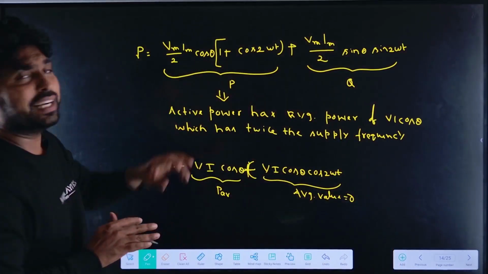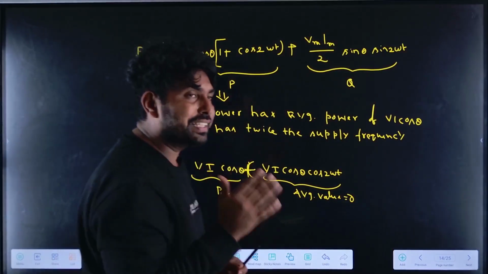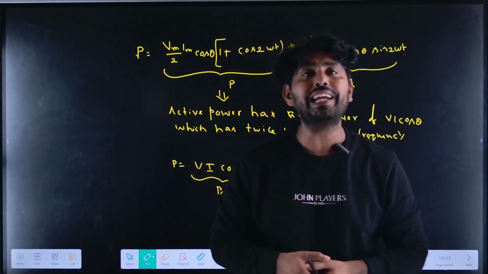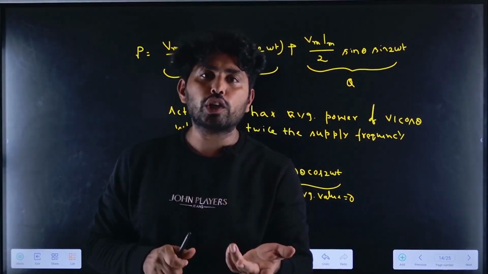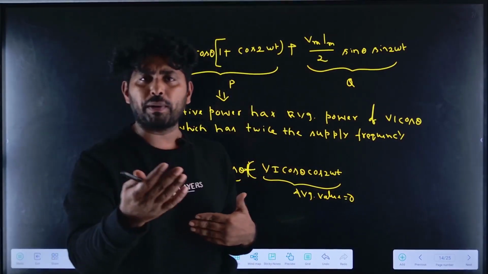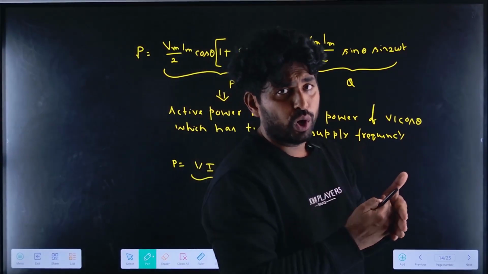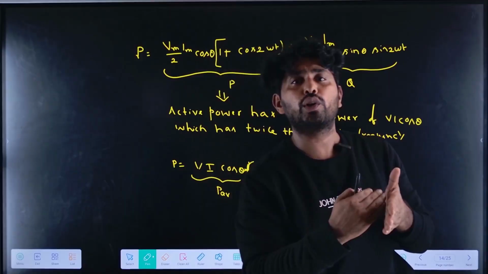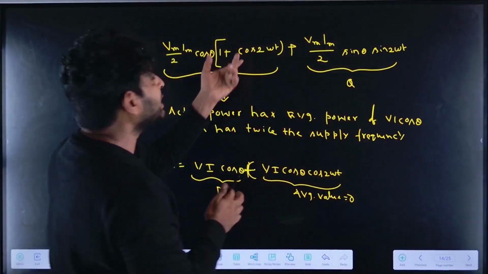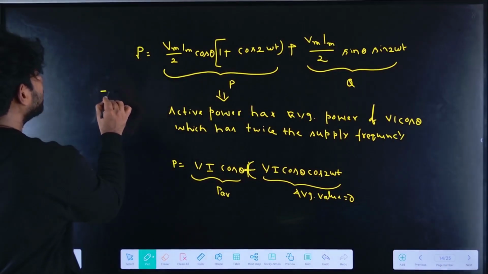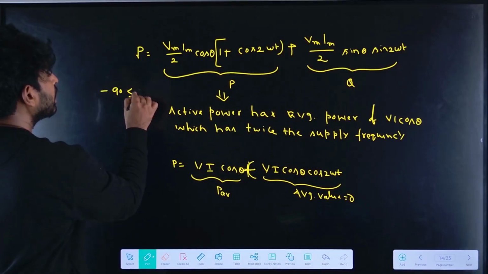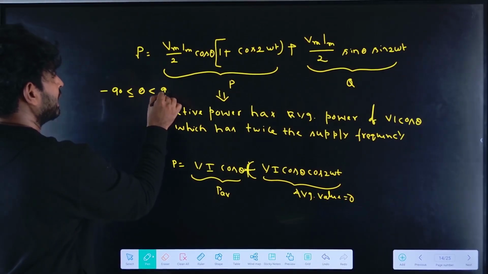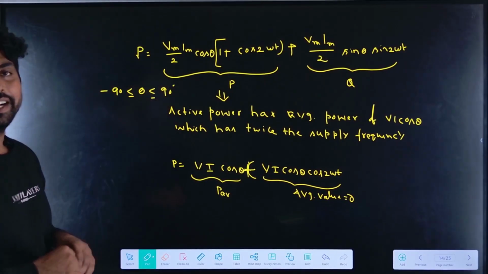What is the theta range? Theta is the power factor angle, and it depends on the load. The loads are either inductive or capacitive. In case of inductive loads, we have lagging power factor, and in case of capacitive loads, leading power factor. The theta range is between minus 90 and 90 degrees.